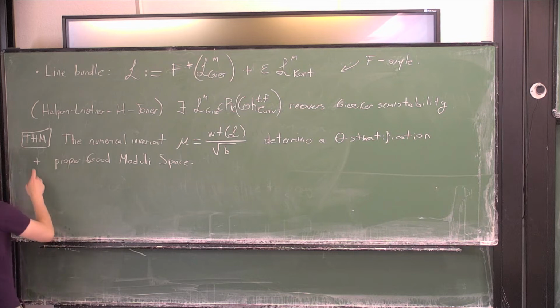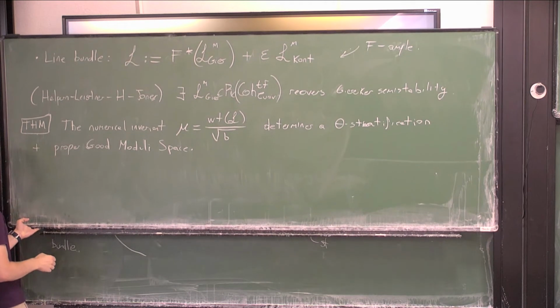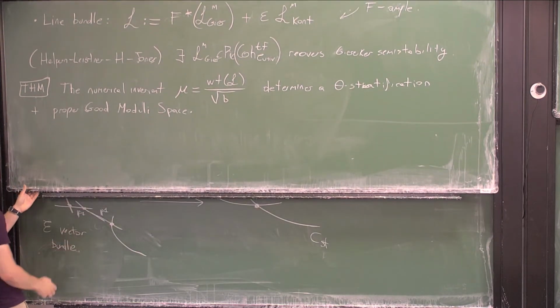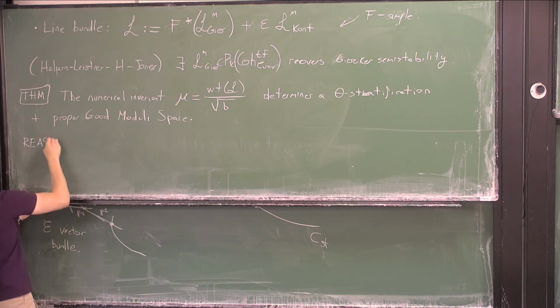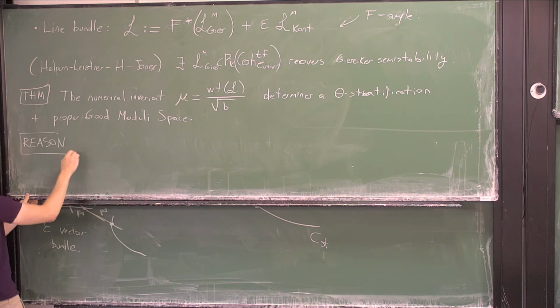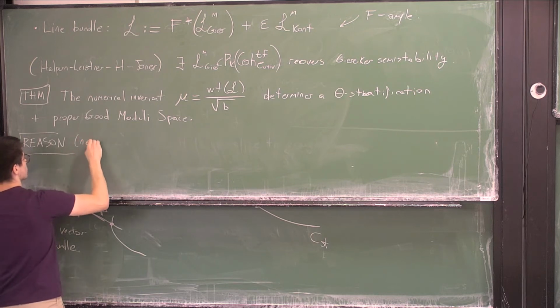During the rest of the talk, I'm going to explain the reason why all of this works. I want to focus on one specific idea that hopefully sheds some light on why you're considering this type of moduli problem and how to generalize it. So this is the punchline of the talk, the reason, and this is the new perspective.